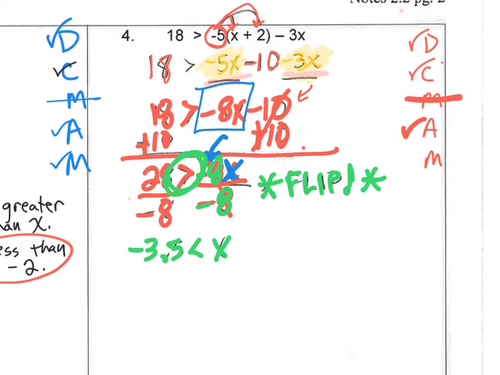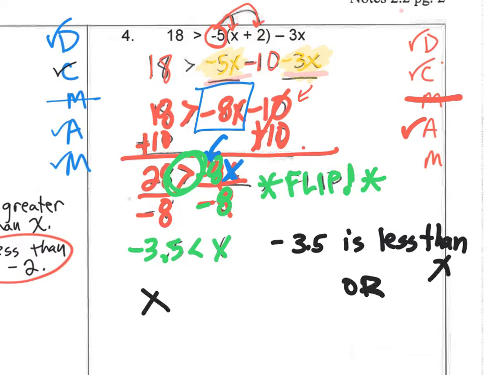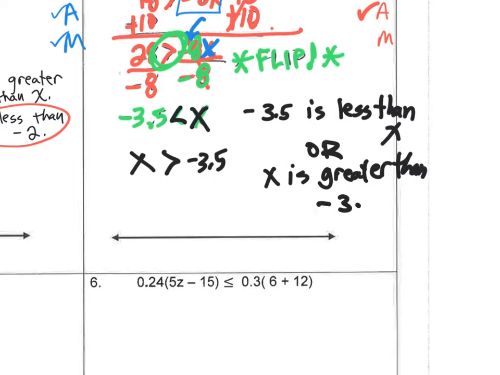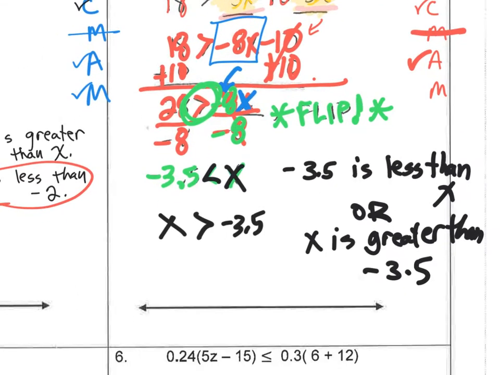So now I know negative 3.5 is less than x, or I can rewrite it x is greater than negative 3.5.